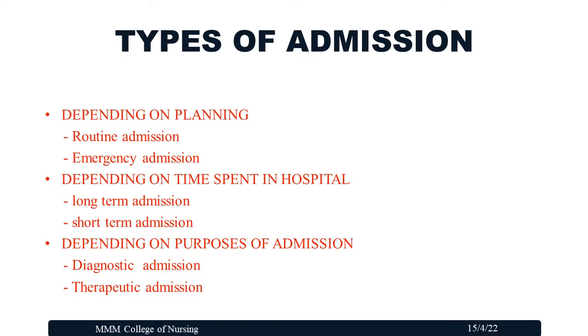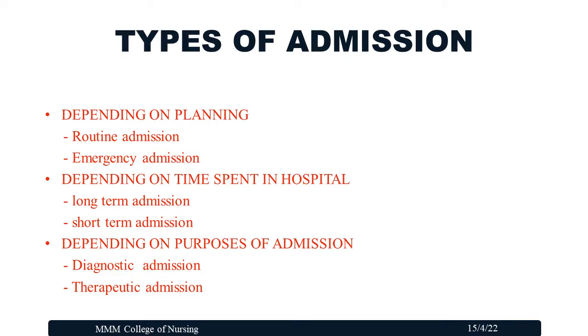Types of admission. Mainly it is divided into three types depending on planning, the time spent in the hospital, and the purposes of admission. Depending on planning, it may be classified into two types, routine admission and emergency admission.